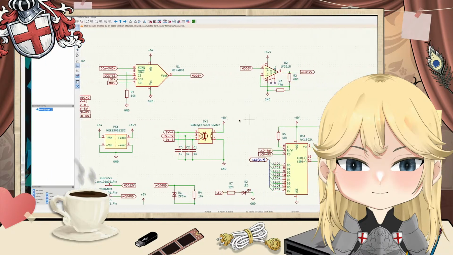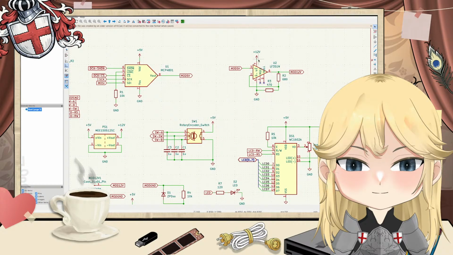What's our schematic saying? 12 and mod 12 should not have a connection unless between internal stuff.